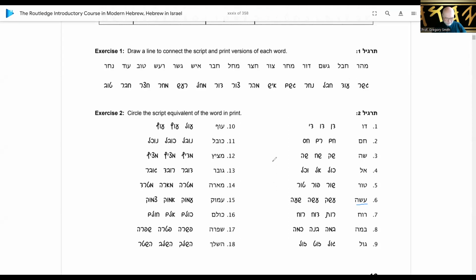Asa. So it's part of that root. Like in one of these chapters we did Oseh, like that song Oseh Shalom, making and doing, but that's in a constant process, like in the present. But something that has been made in the past, asa.